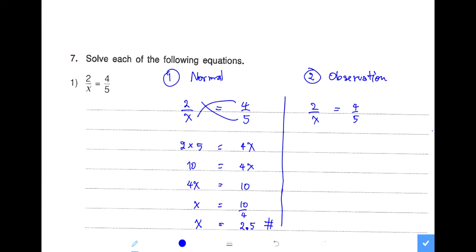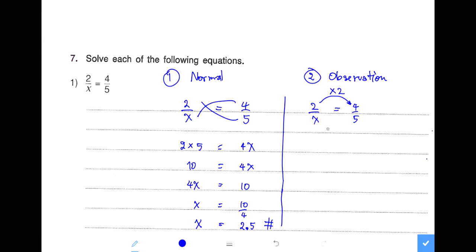So I see how I can change this number 2 to be number 4. I know that I have to multiply it by 2. If I multiply it by 2, it will become 4.